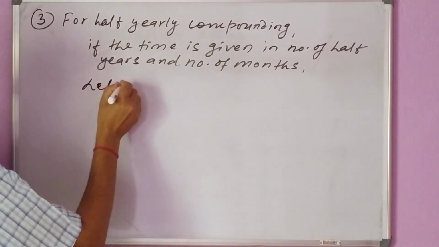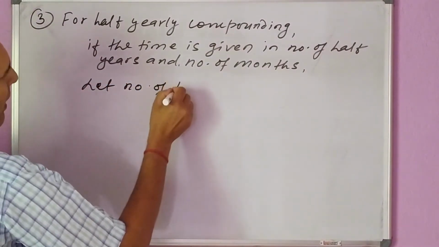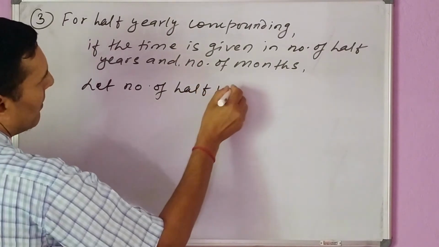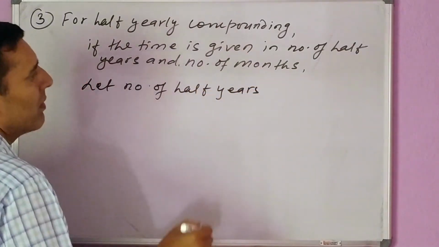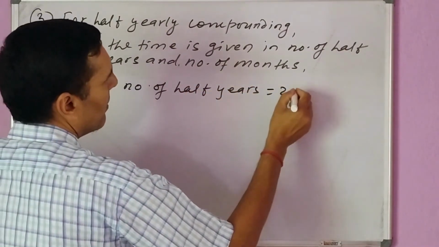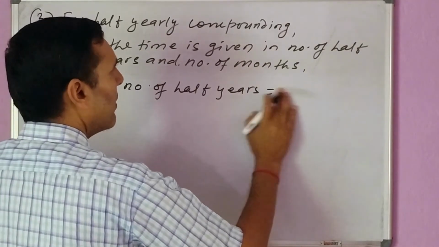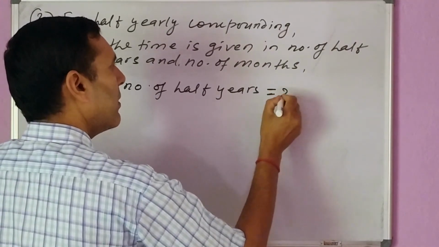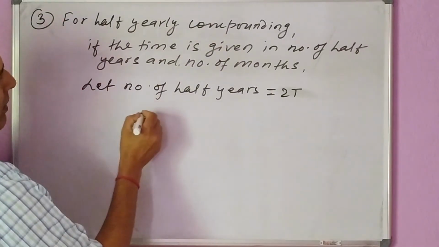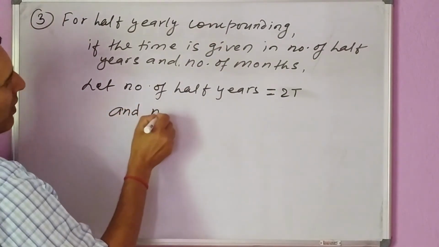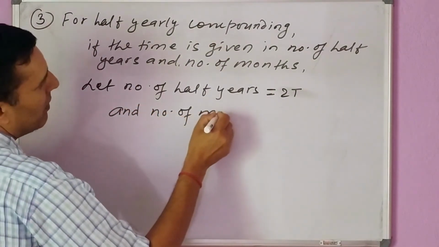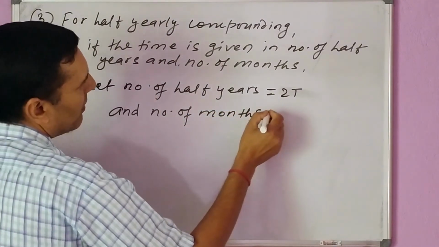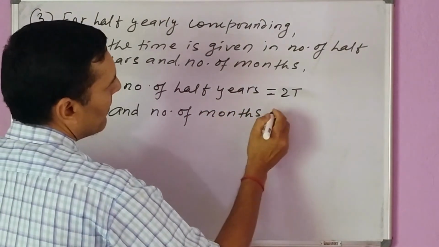Let number of half years be equal to 2t and number of months be equal to m.